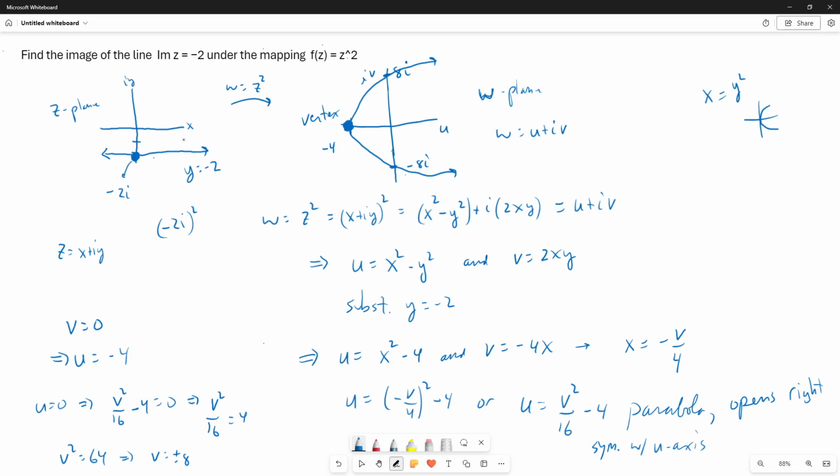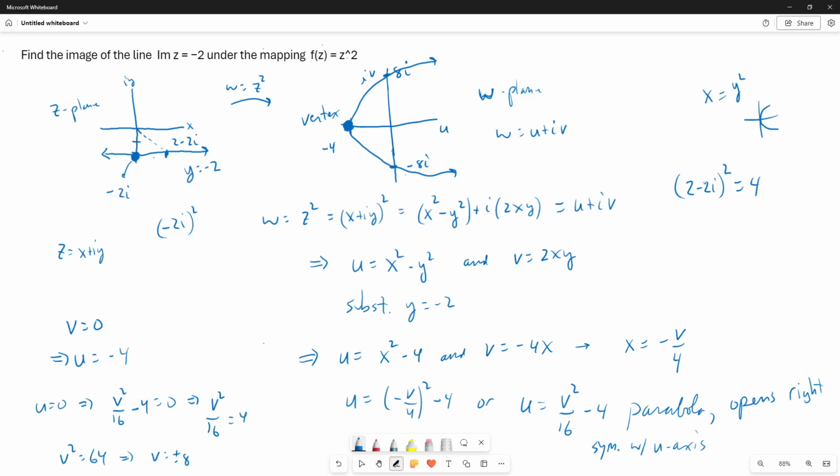And then if we consider a couple of other points on this line here, another natural point to consider is the point at the 45-degree mark, and that would be the point 2 minus 2i. And if we square that one, we get 4 from squaring this.